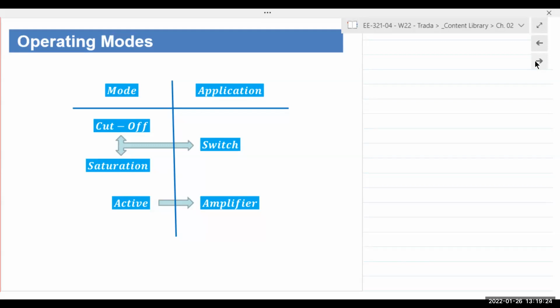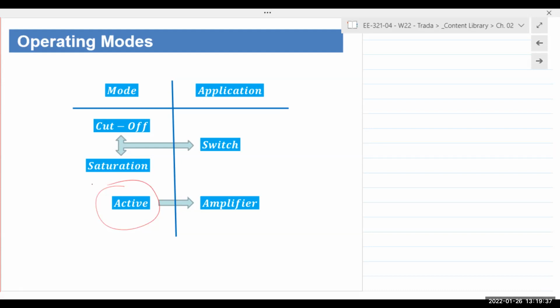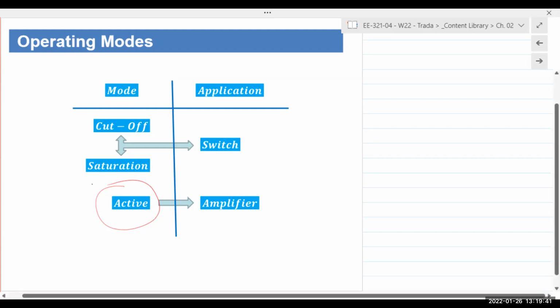Here, right at the bottom, where we say active mode, it occurs when the base-emitter junction is forward biased and the collector-base junction is reverse biased, which is basically the operating mode that I just explained, right?